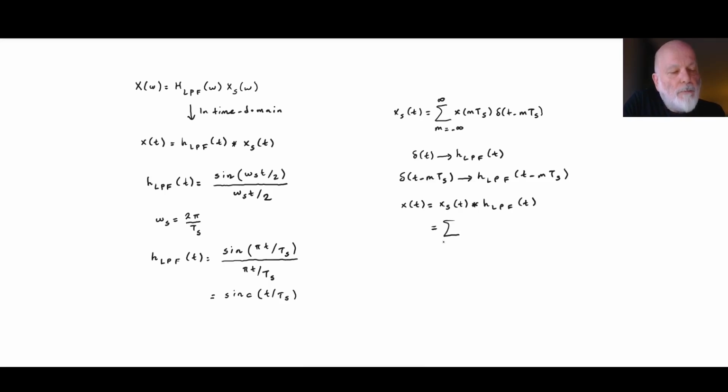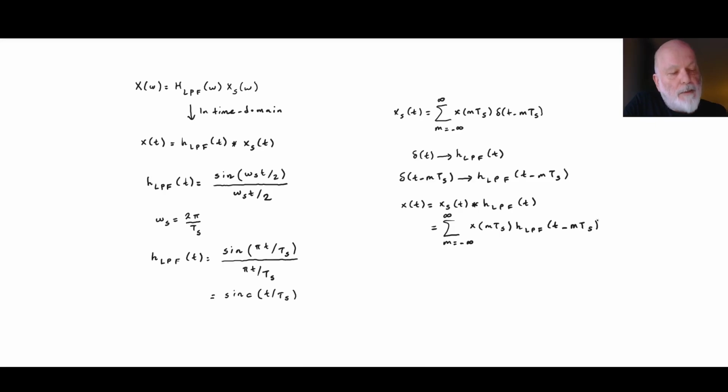the sum over m from minus infinity to plus infinity, by using linearity and time invariance of the ideal low-pass filter system, of x of m Ts times h LPF of t minus m Ts.